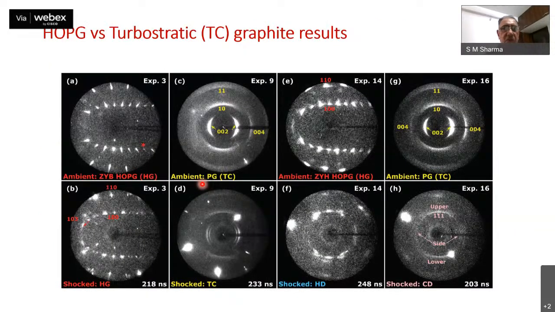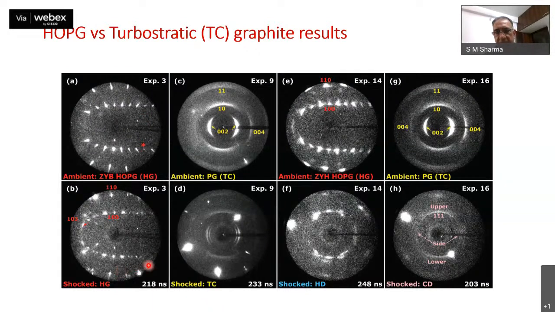The other experiments were also carried out in turbostatic carbon, which is a highly disoriented carbon, and compared with respect to the highly oriented form. I'll quickly summarize the results. I've already said that when it is a highly oriented graphite, it transforms to the hexagonal diamond.